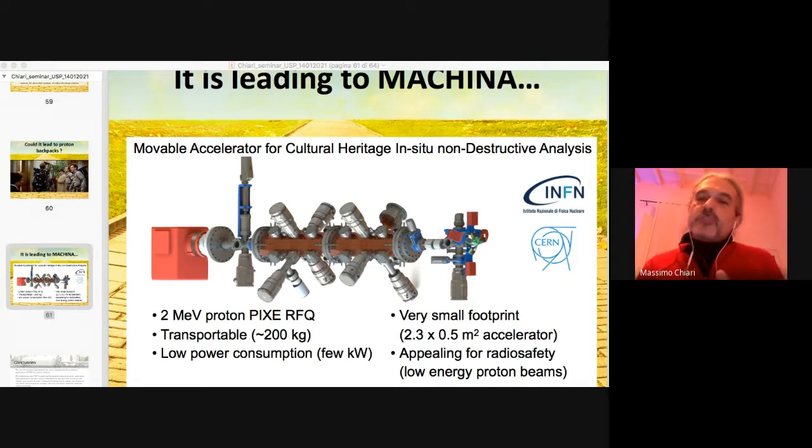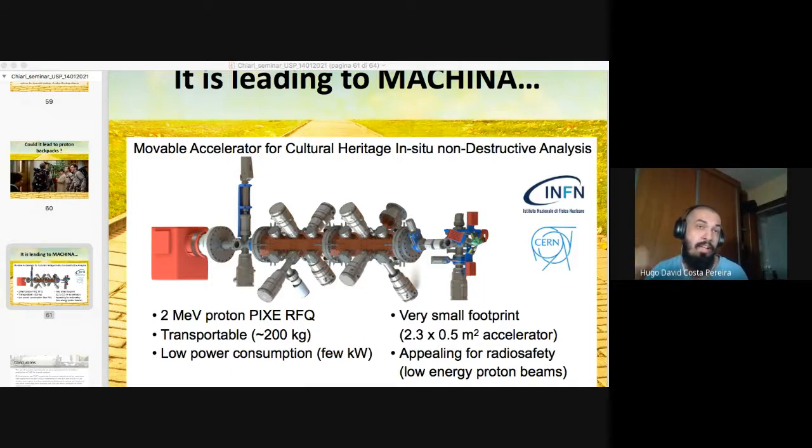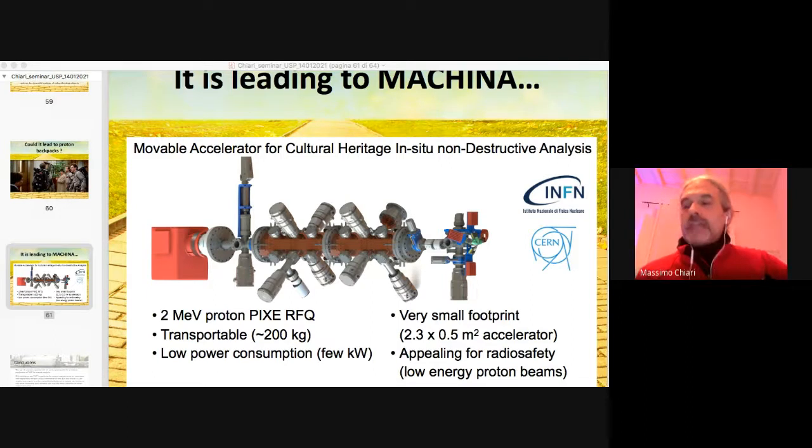Then when we changed our array to SDD, we were able to reach detection limits that were better than the ones obtained with typical XRF spectrometers. So it's basically because the equipment has smaller dimensions, it's smaller. Yes, of course. It's also a small scale equipment, so it can sit in a normal chemical laboratory.